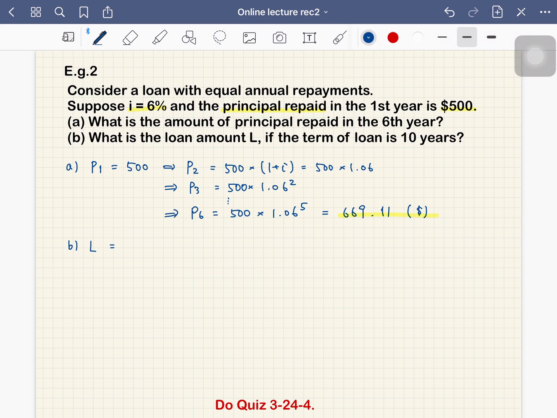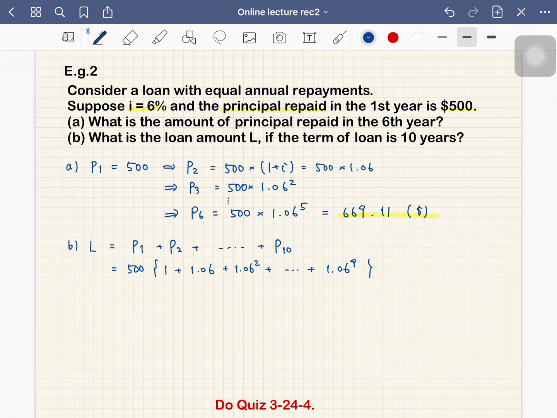So L is equal to the sum of P1 to P10, because the term is 10 years. Now you know that P1 is 500, P2 is 500 times 1.06, P3 is 500 times 1.06 squared, and P10 is 500 times 1.06 to the 9th power.